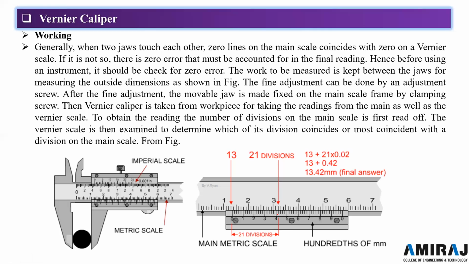Here you can see that this point is perfectly coinciding, so that will be taken as a perfect coinciding point or division. Okay, now the least count suppose is 0.02, so we can multiply with that and add to the main scale reading. We will see how it is done.